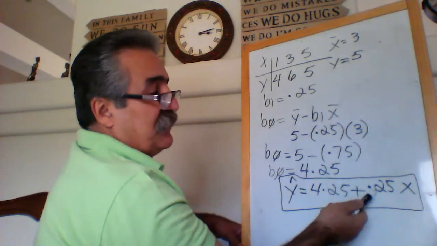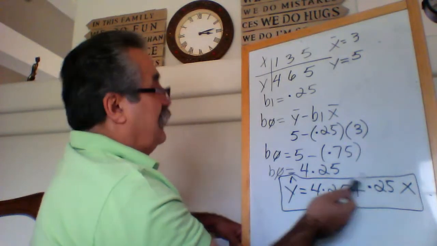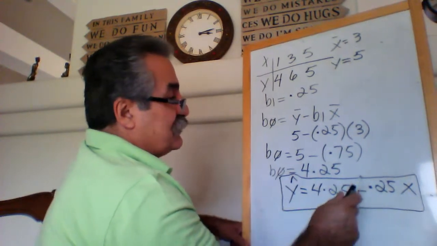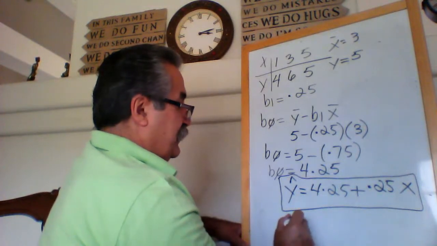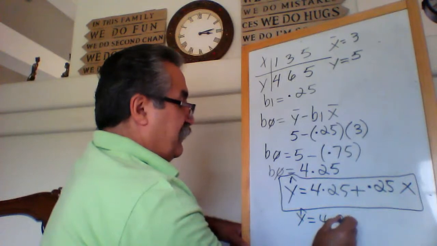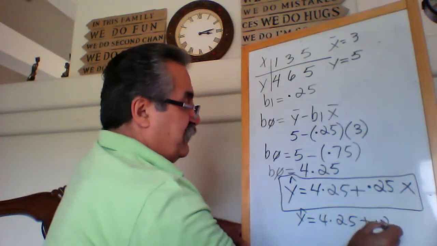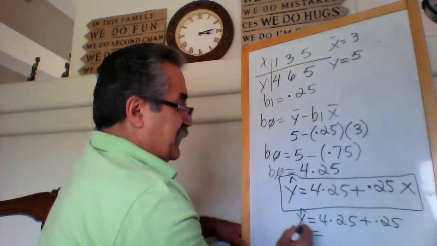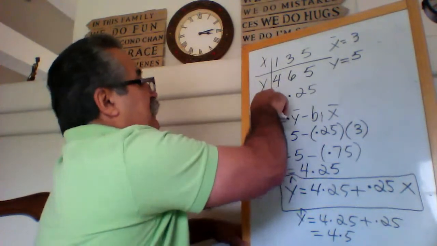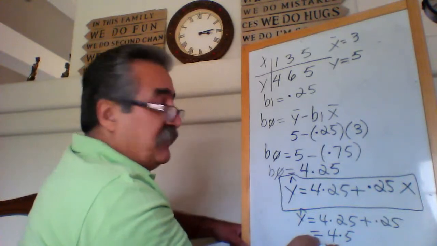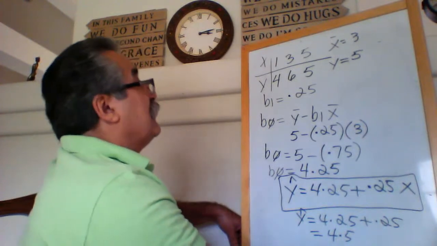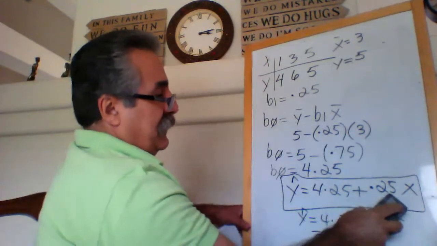1 times 0.25, that's 0.25. 4.25 plus 0.25. So for x equal to 1, the estimated value of y would be 4.5. And here we have 4. This is estimated value. Close enough. Now let's say that x is equal to 3.